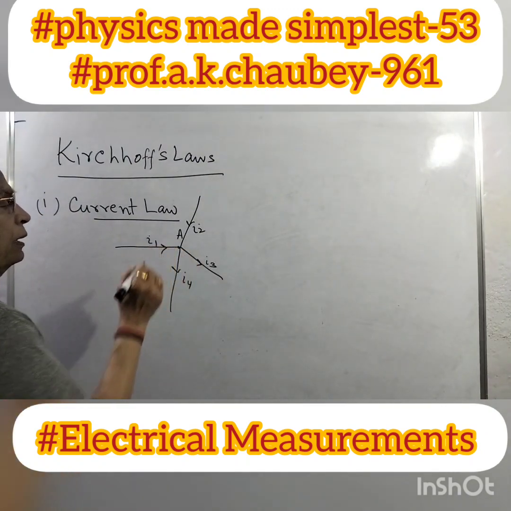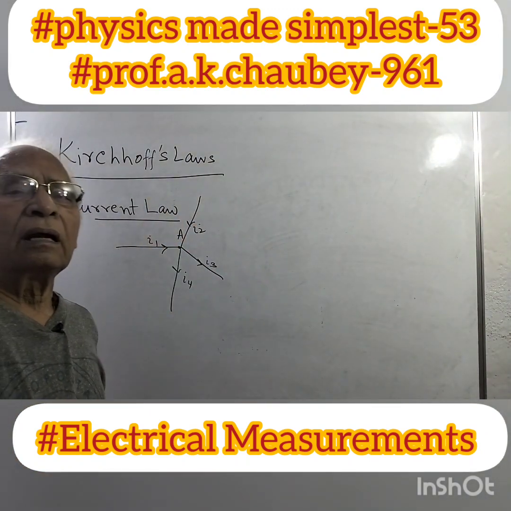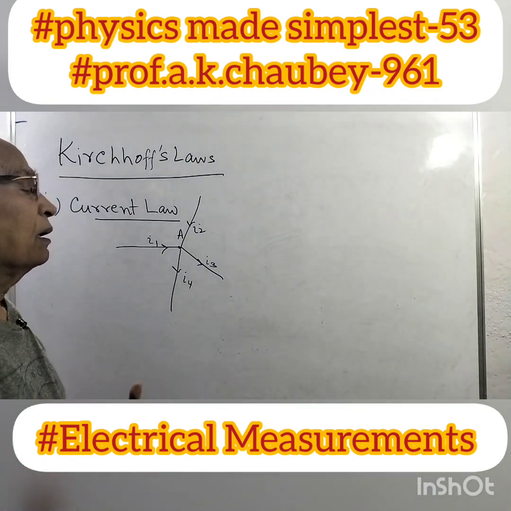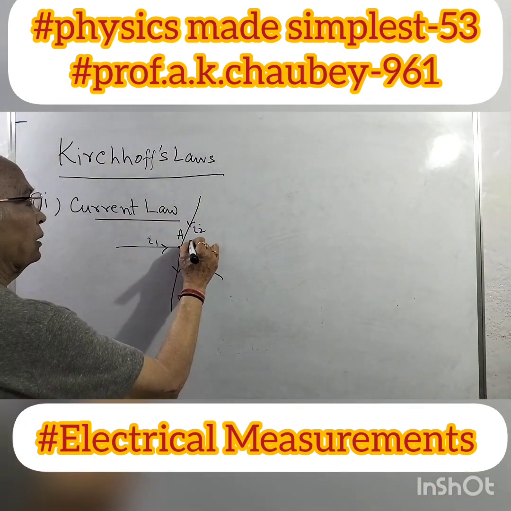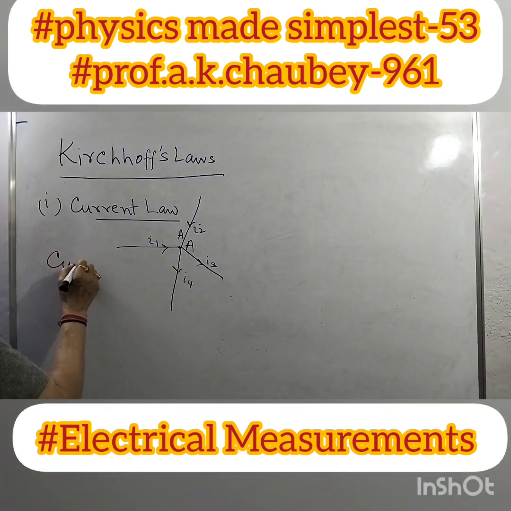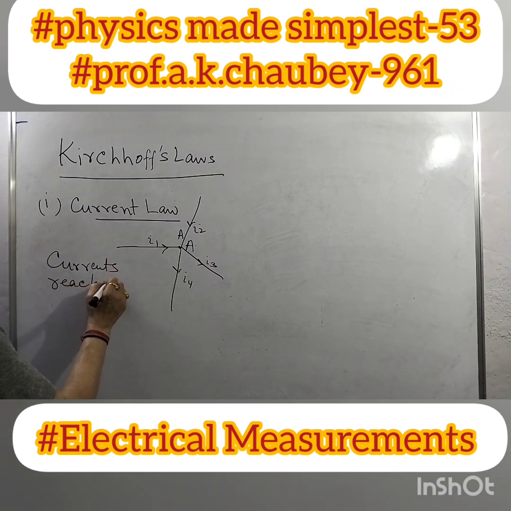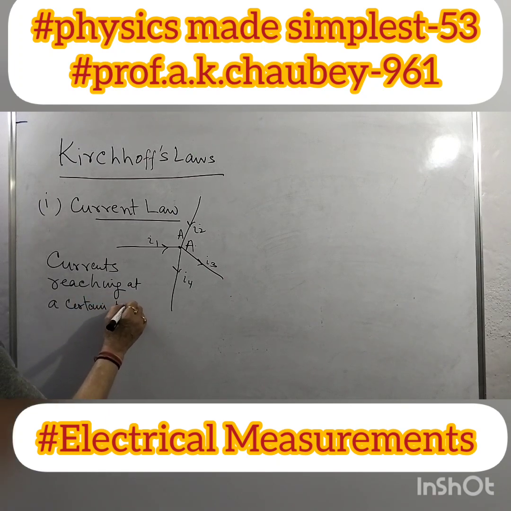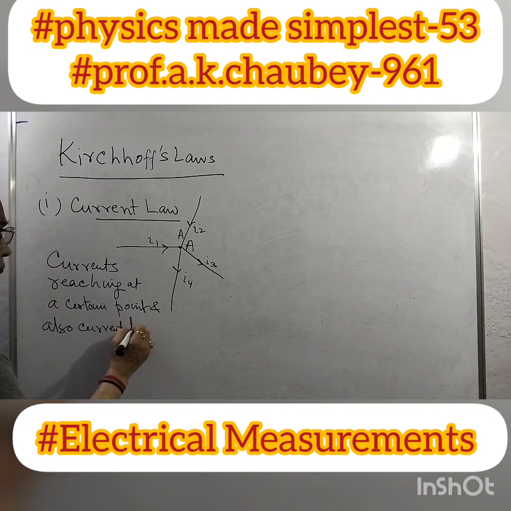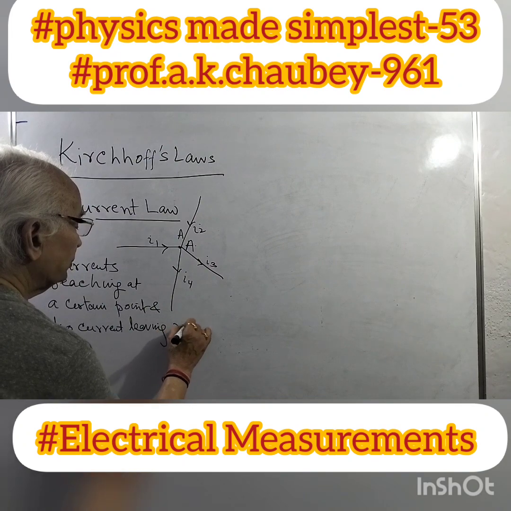At a certain point there are many branches, wires connected, with current flowing in them. So currents are reaching a certain point A and also currents leaving. This must be equal.